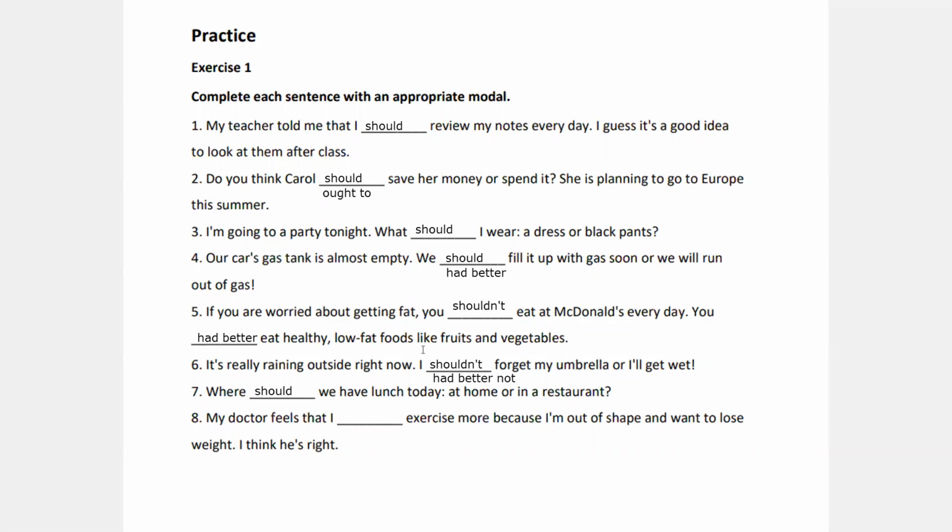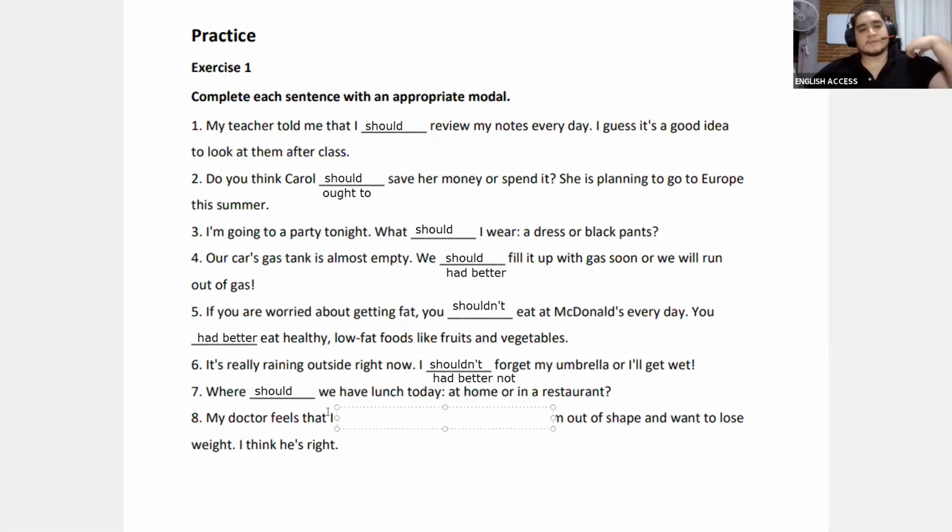My doctor feels that I ought to exercise more. Okay. But notice that it says my doctor feels that. So in this case, it's like should. Should would be better because it's not an objective point of view.